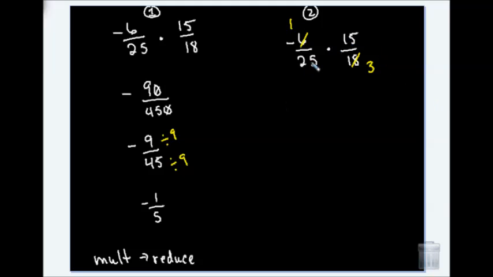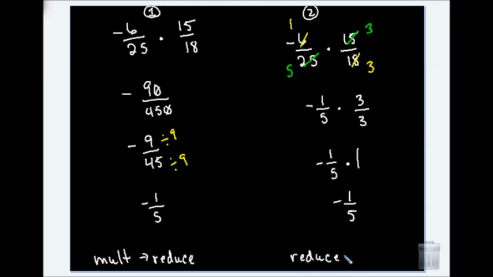And 15 and 25 by 5, so that gives me 3 and 5. So my new fractions are -1/5 and 3/3. What's 3/3 reduced to? 1. So that's -1/5 times 1, or just -1/5. So this was reduce and then multiply.